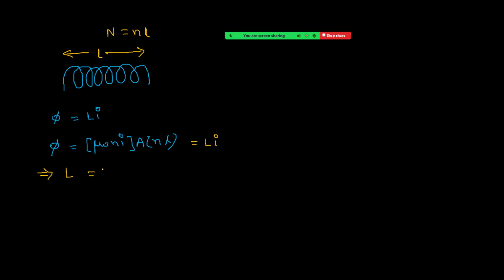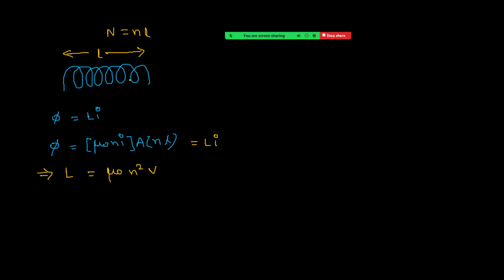L equal to, see what we get: mu naught n square A into l. A into l gives us the volume of the solenoid. So from this what we can say is self-inductance depends on the geometry of the given device, like what the volume is. And in the volume of this solenoid, no material is present.